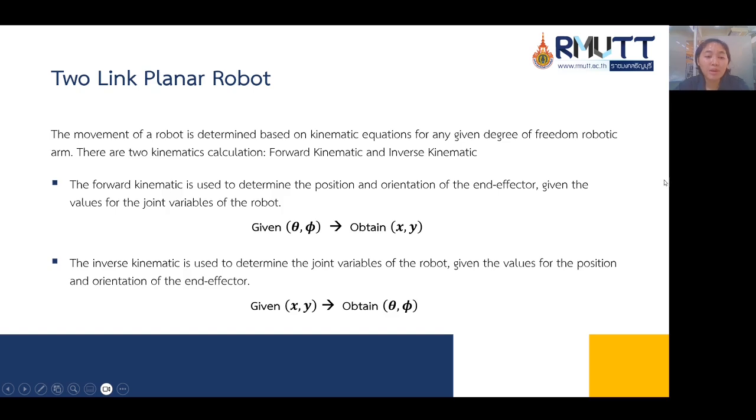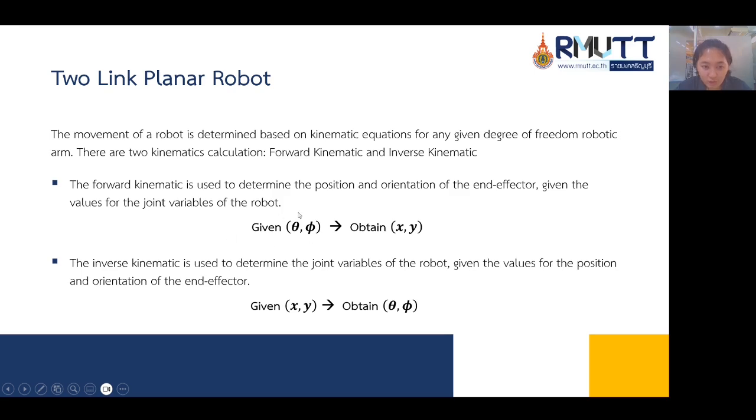The movement of a robot is determined based on kinematic equations for any given degree of freedom robotic arm. There are two kinematic calculations, forward kinematics and inverse kinematics. The forward kinematics is used to determine the position and orientation of the end effector, given the values of the joint variables of the robot.